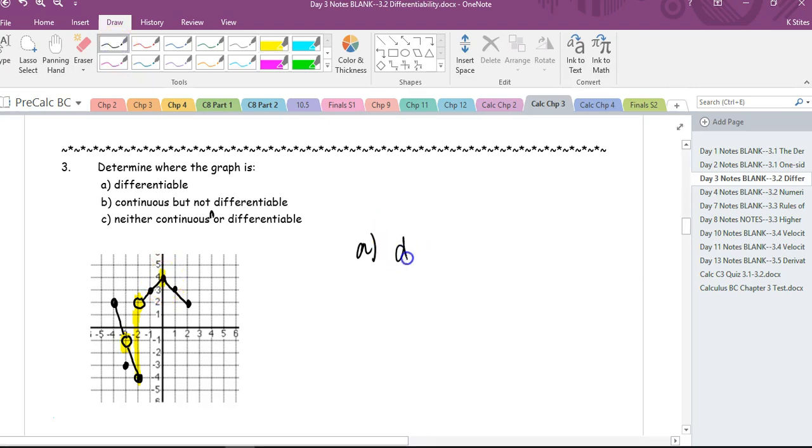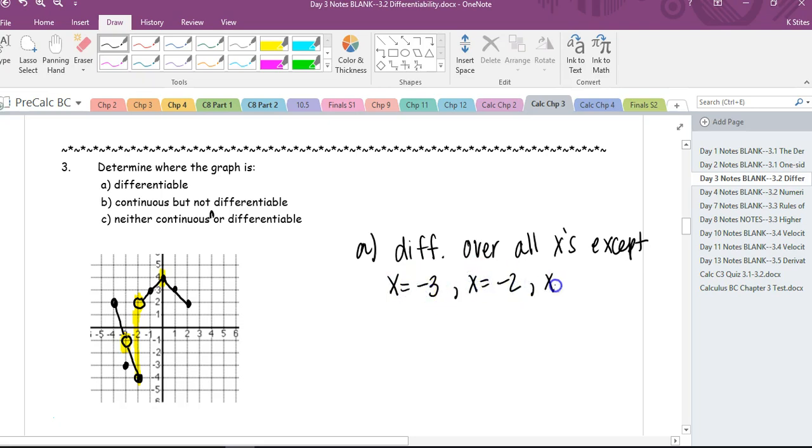So this is differentiable over all x's, or all reals, except at x equals -3, x equals -2, and x equals 0.